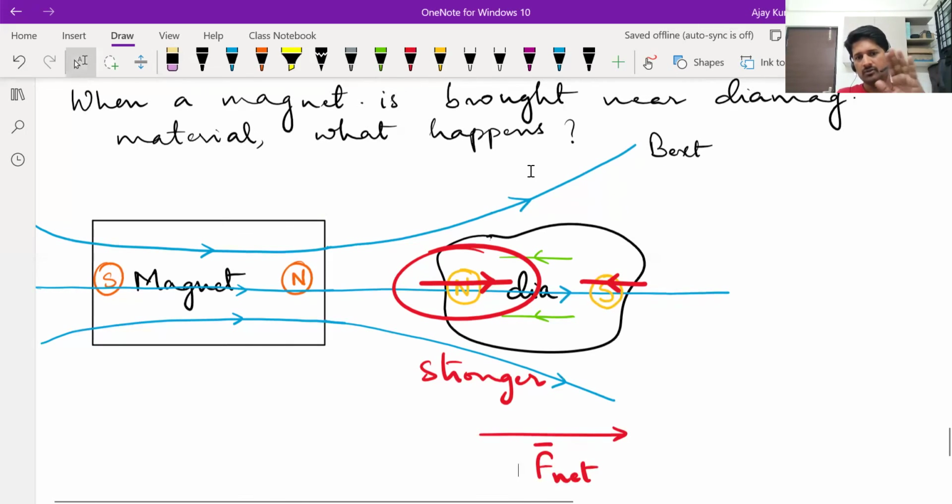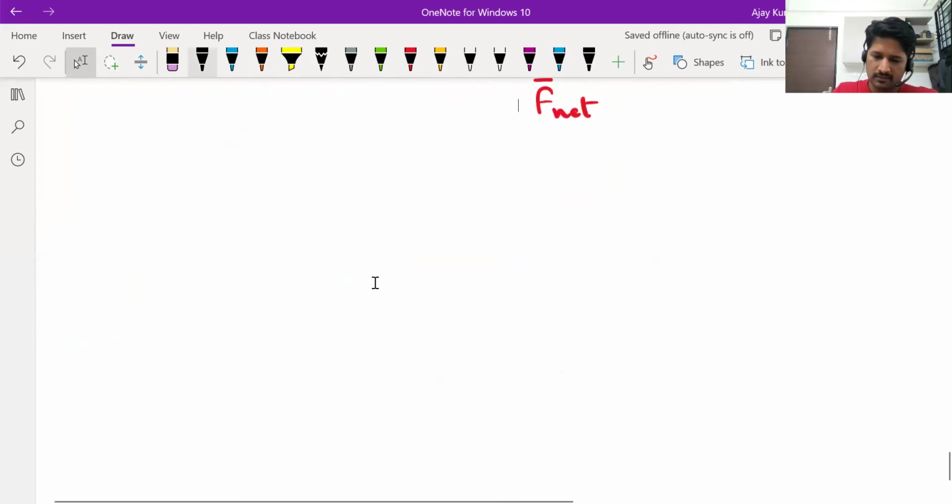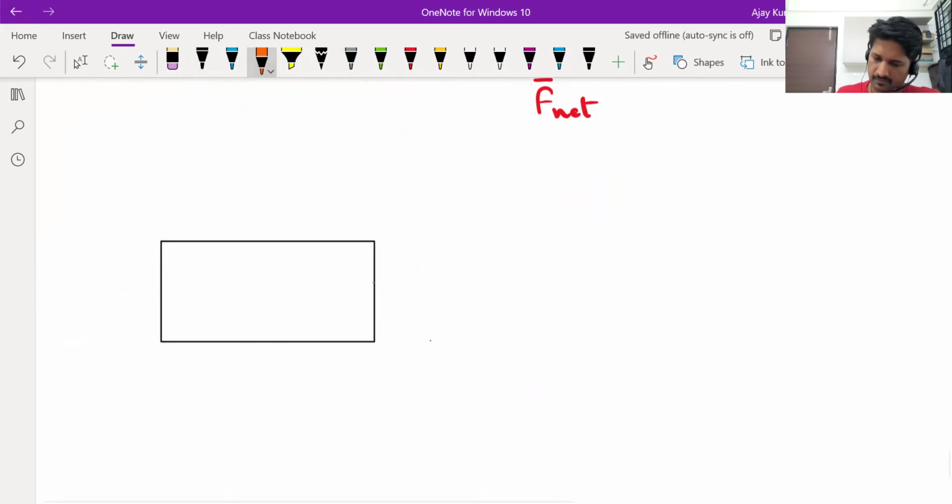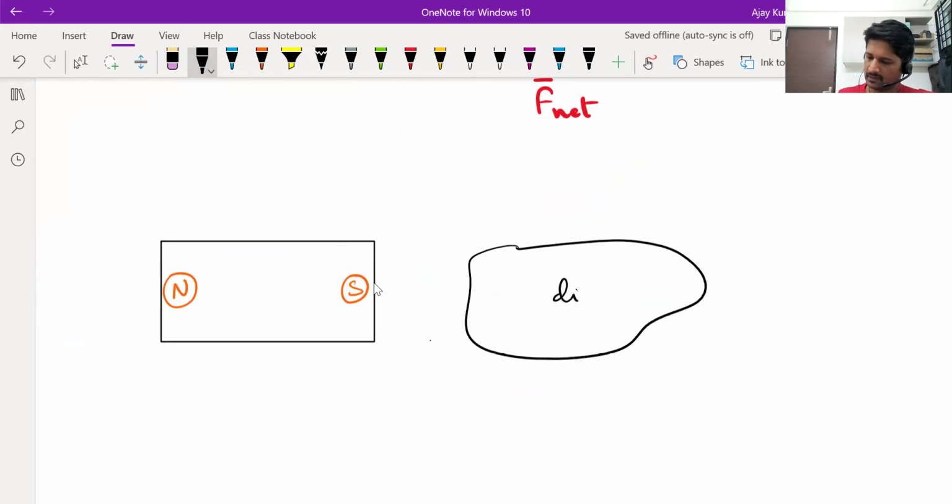Now, even if the south pole had been closer, you will still see repulsion. Basically what happens, suppose the south pole of the bar magnet is closer to the diamagnetic material. Now, at the south pole, what happens? The field lines will be entering into the magnet.